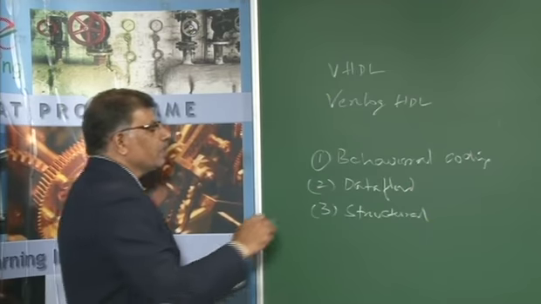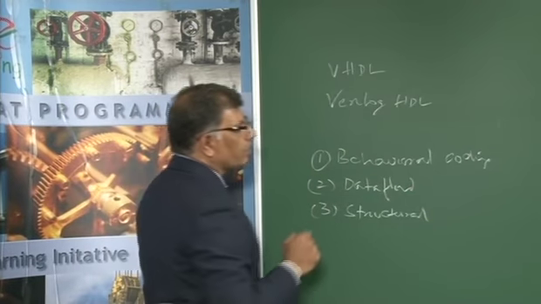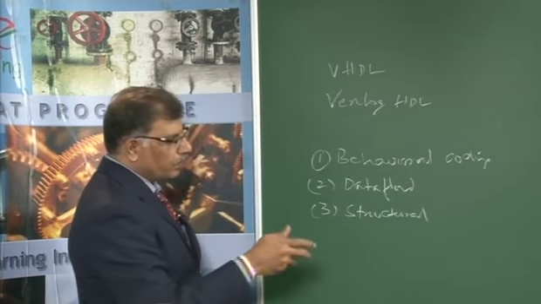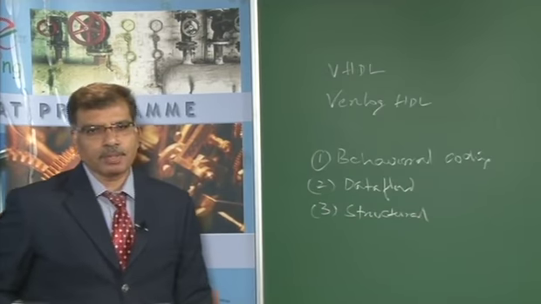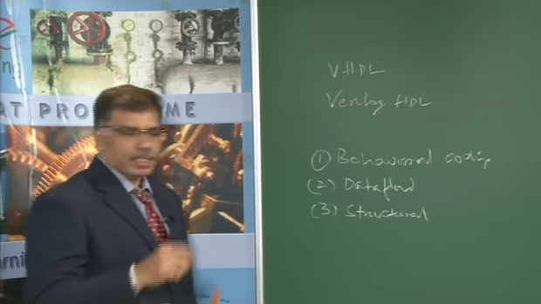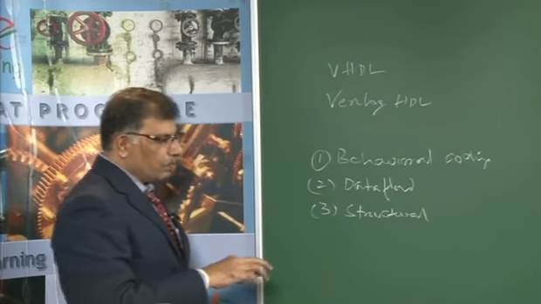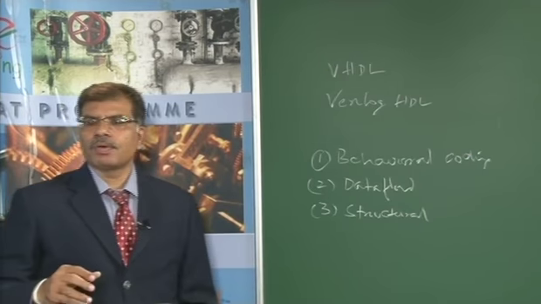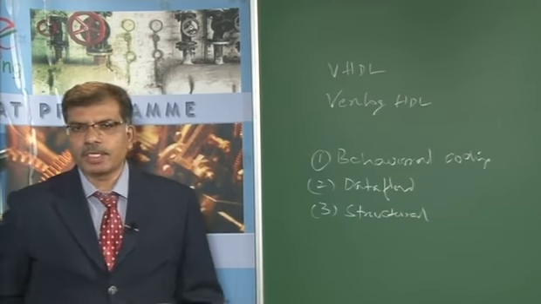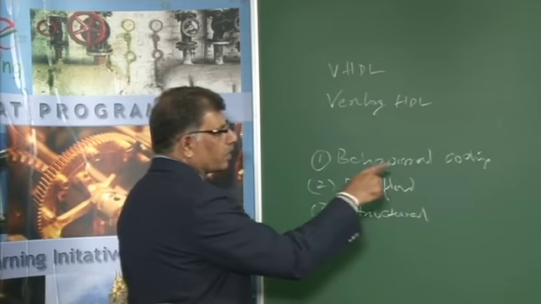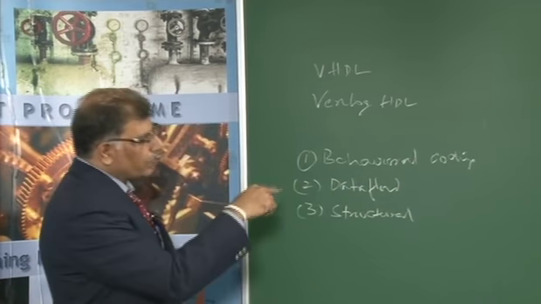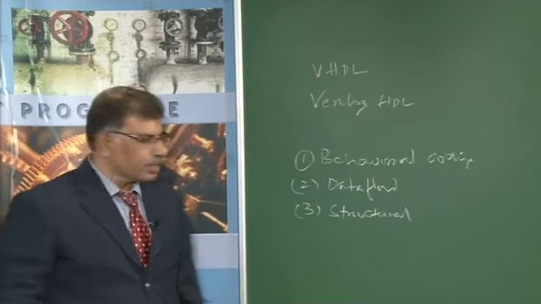In behavioral coding, we don't need a circuit or a Boolean expression to describe in the language. If you know what input you will be giving and what output you have to get, then usually by using sequential types of statements, you can describe the functionality of the digital circuit. That is an advantage.